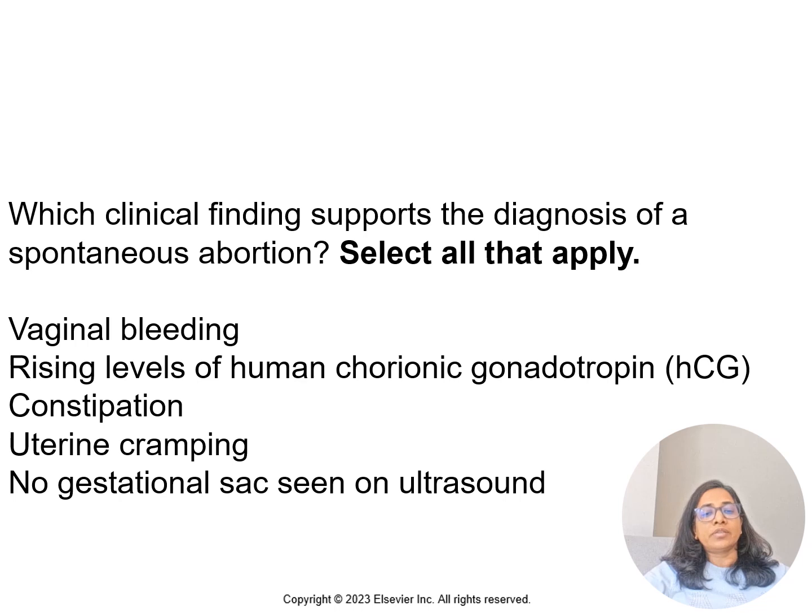So that's not the answer. Constipation is unrelated, but you will see that the patient has a lot of uterine cramping. And when we do an ultrasound, we won't see the gestational sac, which is usually seen in a viable pregnancy. So absence of the gestational sac is also a feature that you would see with miscarriage or abortions.